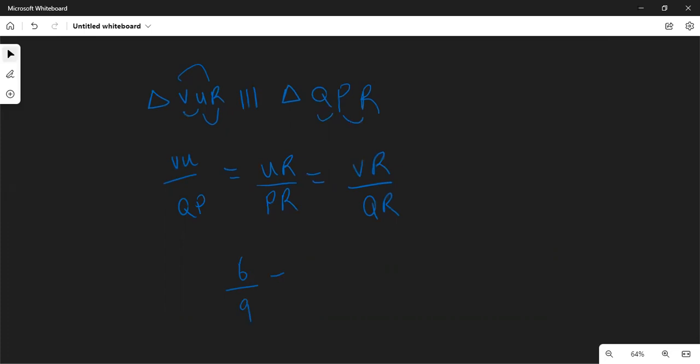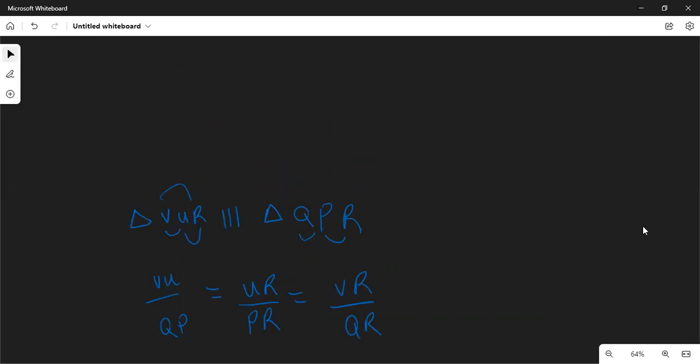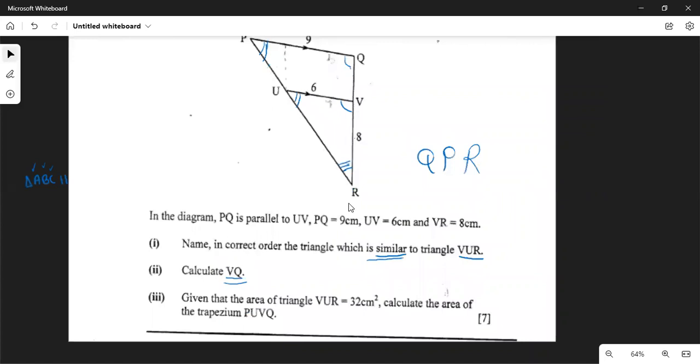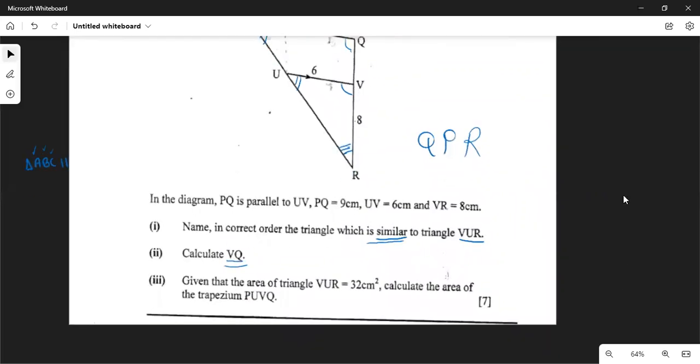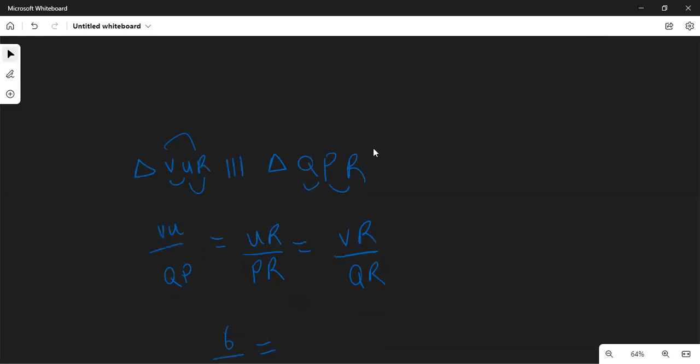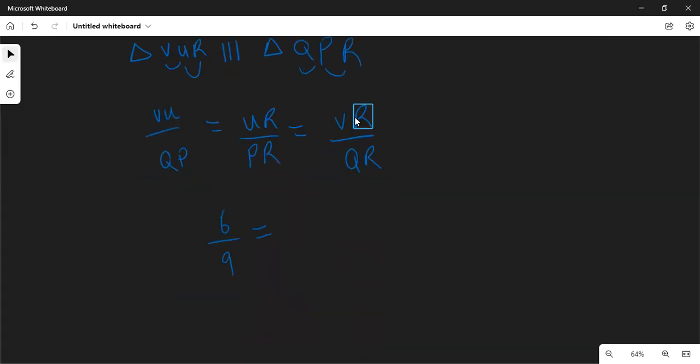Which part are we also given? If we cross-check here, we are also given what? VR, this one, VR, which is 8. All right. So which part are you going to take? The last one, this one, VR, which is 8 over what? Over QR.